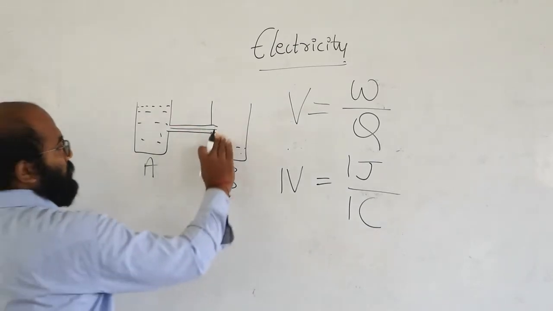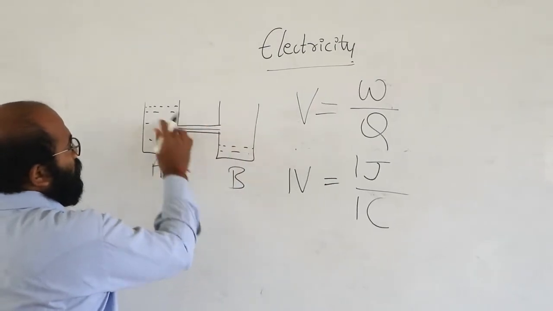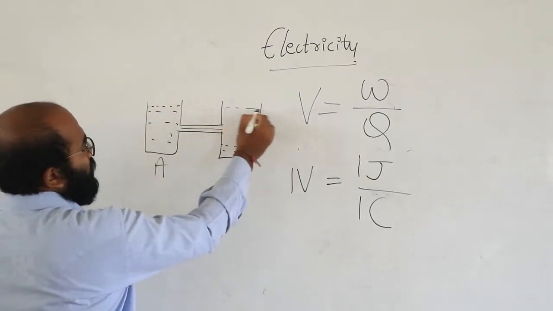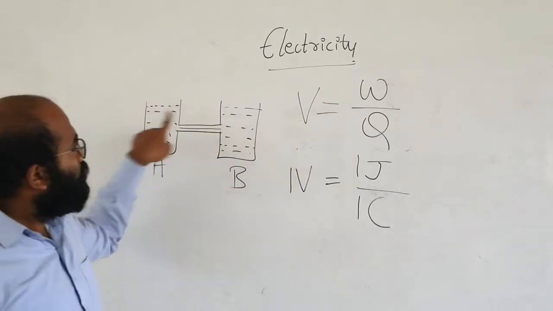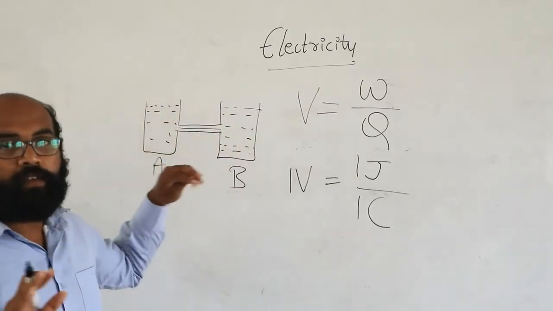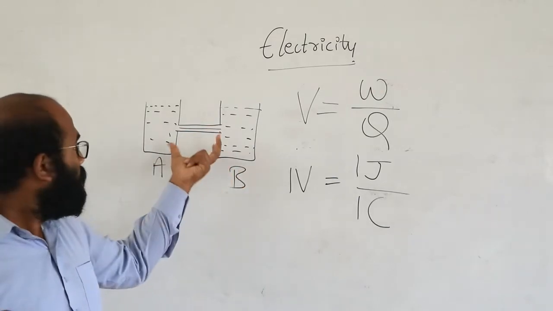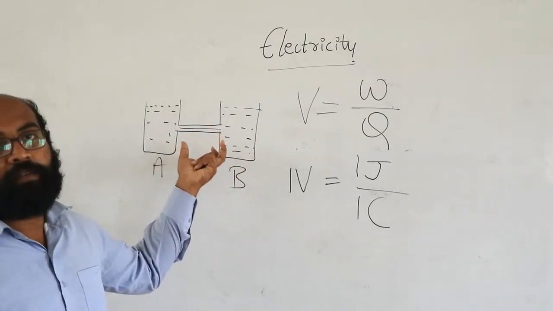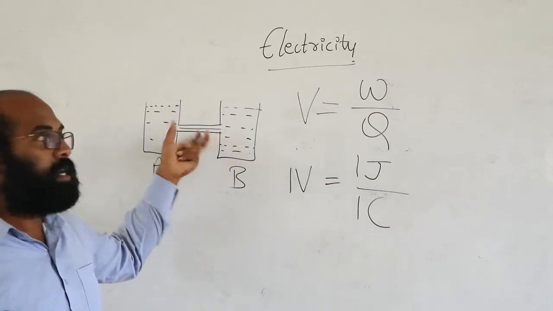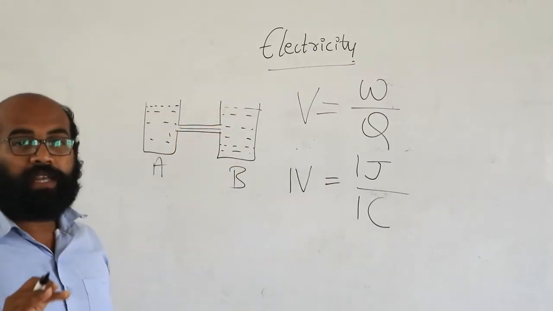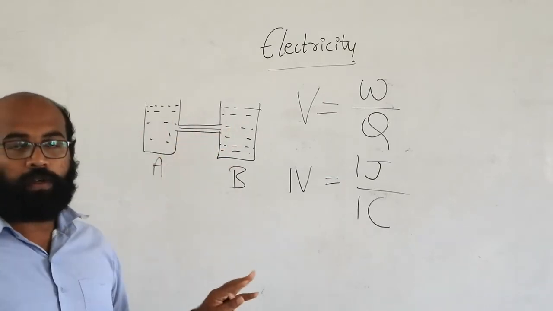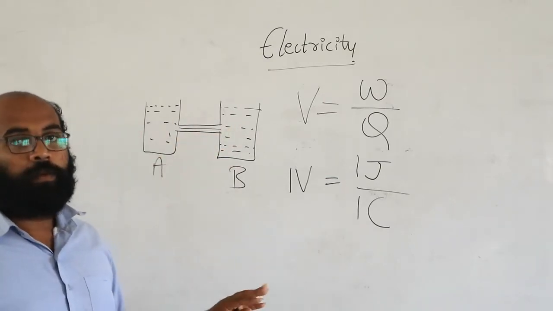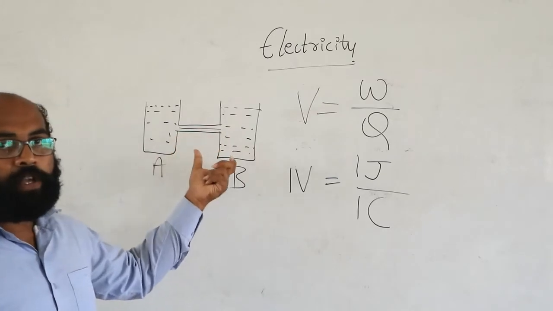Let's take one more condition. In the second condition, if in both the containers the water level is the same, and the shape and dimensions of both containers are the same, then there is no movement of water. There is movement only if there is some potential difference.